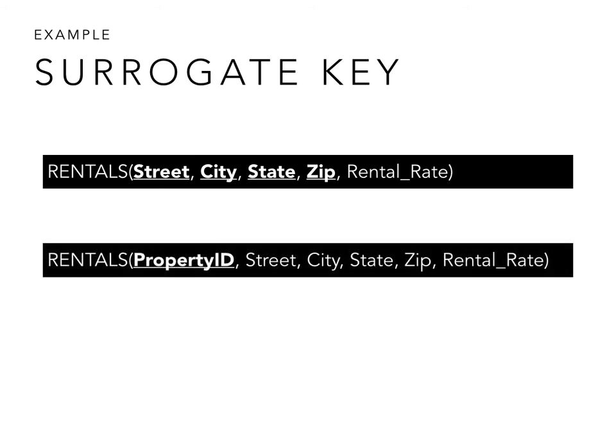It would be common, and this is what we've already been doing in our databases in the assignments, to add a property ID surrogate key so that there is this easy unique ID. So now the property ID is another candidate key, and we would choose that as our primary key. That makes sense?